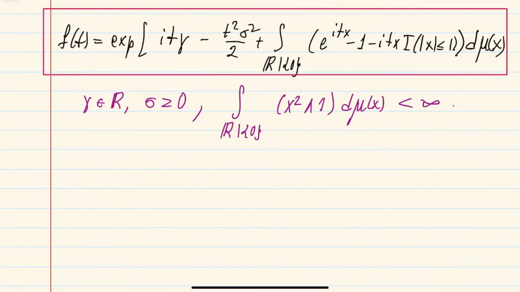And as we said before, you can also write these integrals over the whole real line, and the 0 here was excluded just so that this representation is unique. And here we want to show that all such functions of this form correspond to some infinitely divisible distributions.